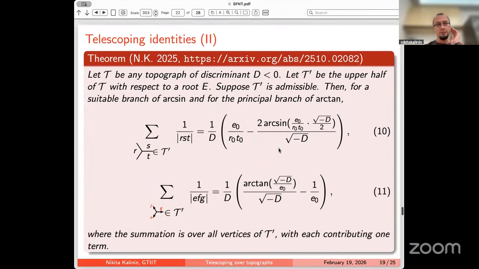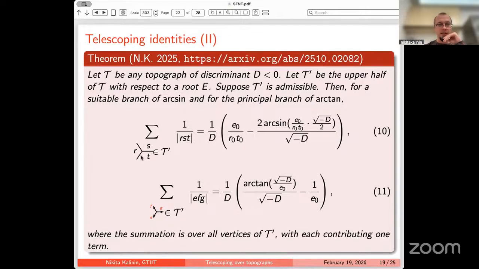So, and here are the formulas. You take a topograph of discriminant less than 0. You take half of it, right? Because I need to have a root. And let's say I have the upper half of it with respect to a root E. Then I have some technical condition of admissibility, which is not important for now. And then for a suitable branch of arcsine, I have the following.